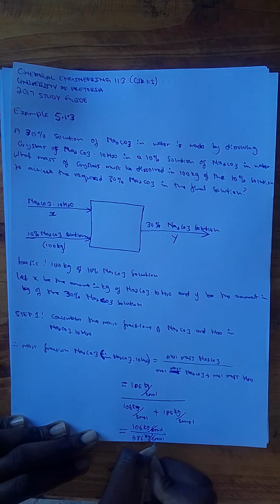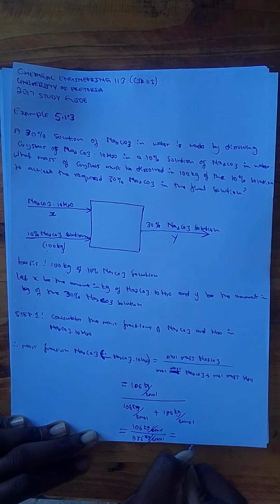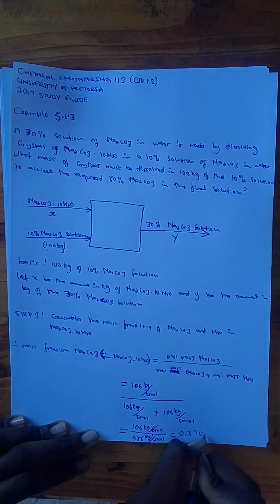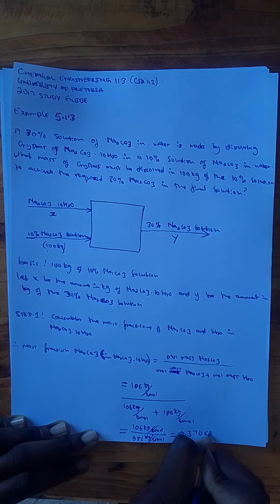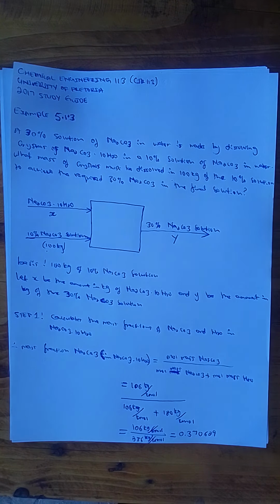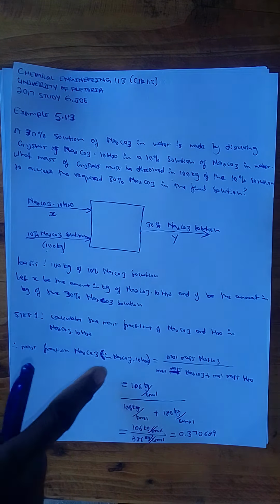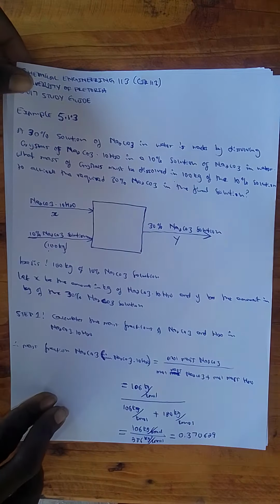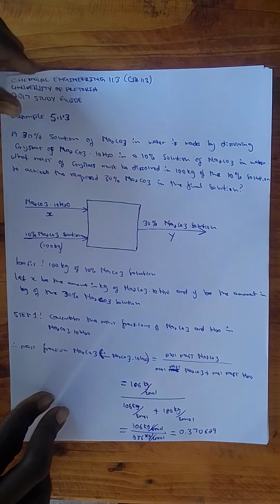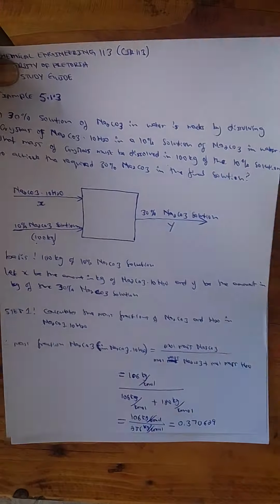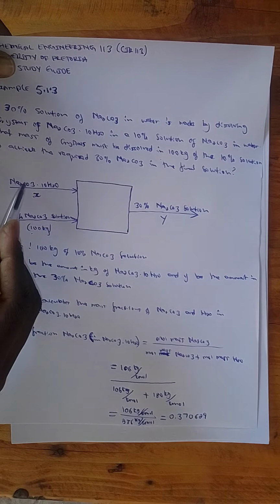And with the units cancelling, it will give you 0.37069. This is actually the mass fraction of Na2CO3 in these crystals here. And we go further to calculate the mass fraction of water. Remember, we calculated the mass fraction of Na2CO3. Now we need to calculate the mass fraction of the water.